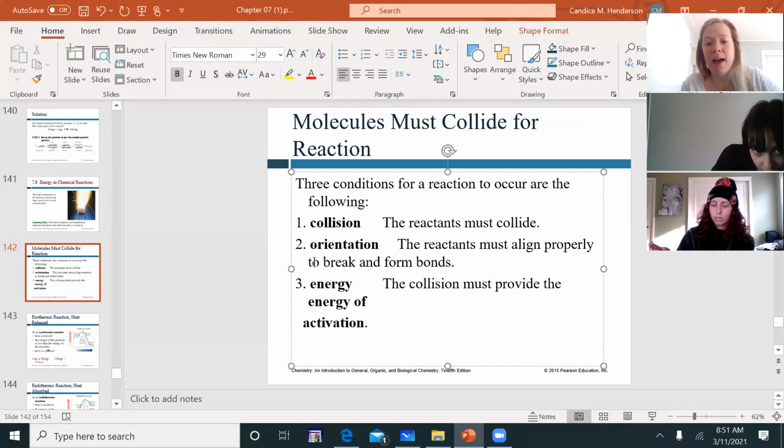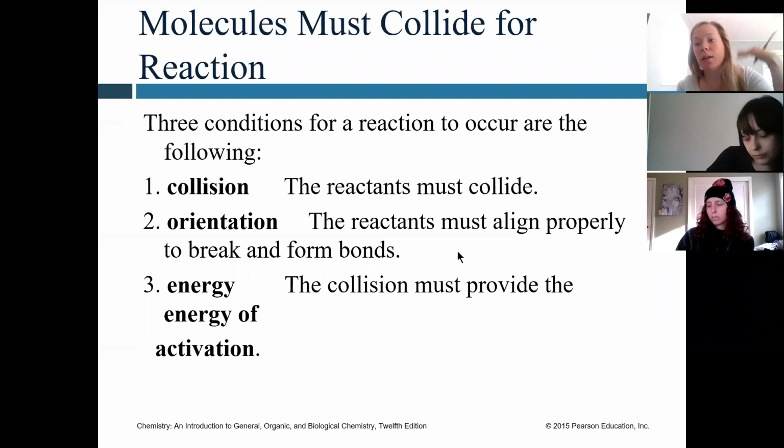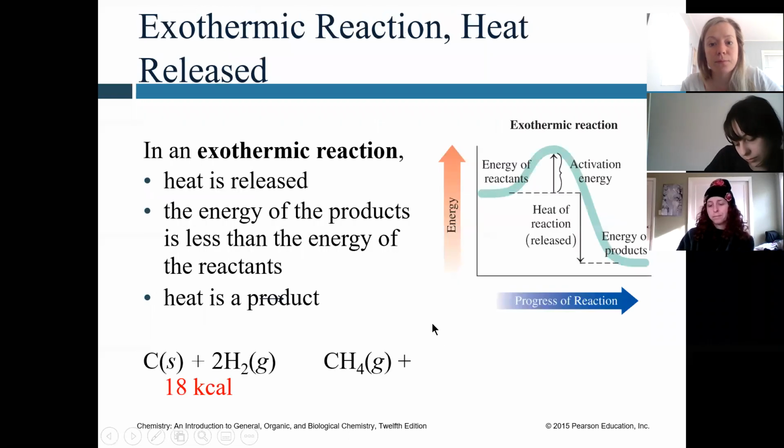And then there is the energy of activation. The collisions must provide enough energy, or oomph, to hit what's known as the energy of activation. The energy of activation is the amount of energy needed to get the reaction going. And I'll show you a visual of it. So this is the energy of activation, or the activation energy.